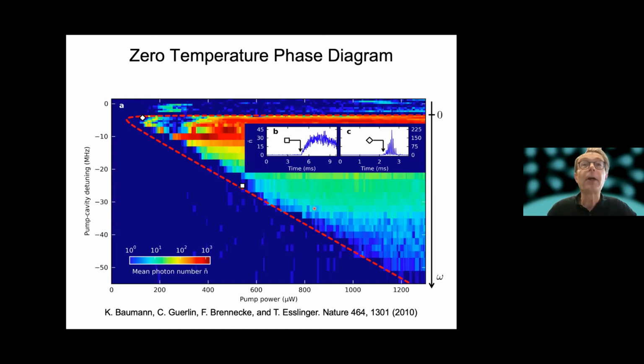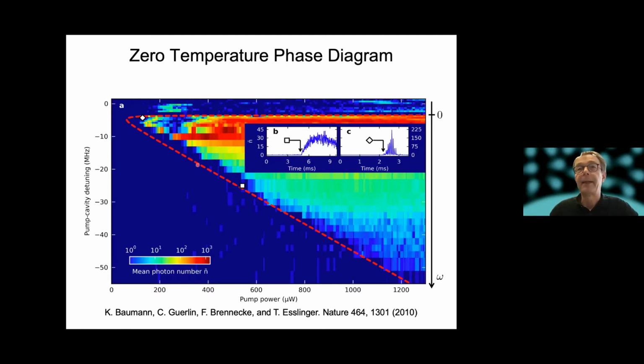And now you can look at it also as a phase diagram. In this phase diagram, you have the pump cavity detuning on the vertical axis and the pump power on the horizontal axis. The third axis is the mean photon number, which is a measure of the order parameter, because the photons are scattered off the density modulation.